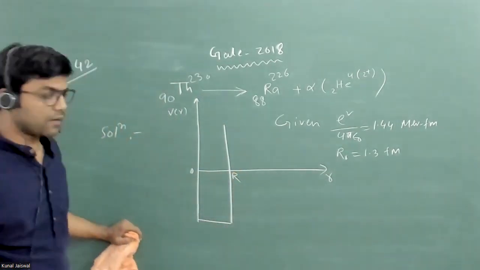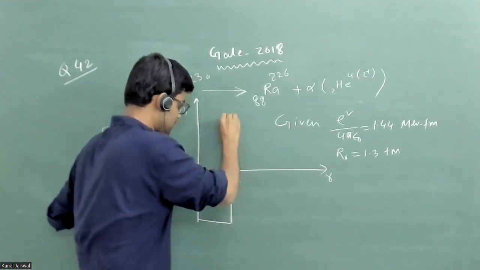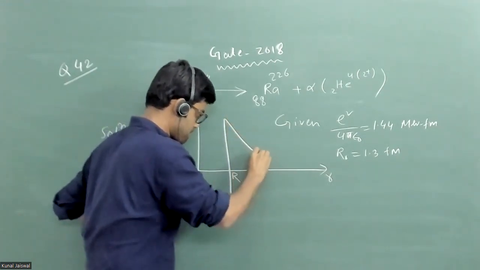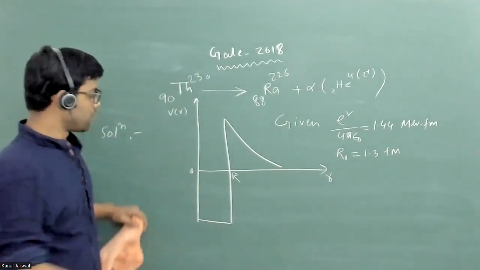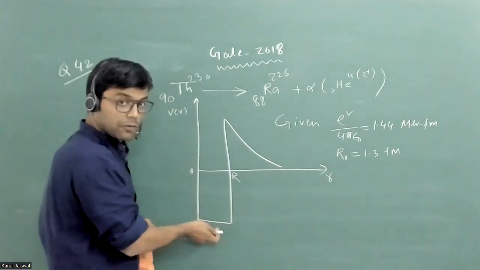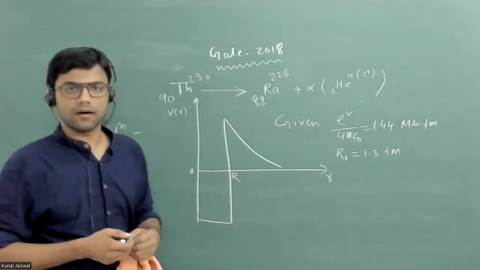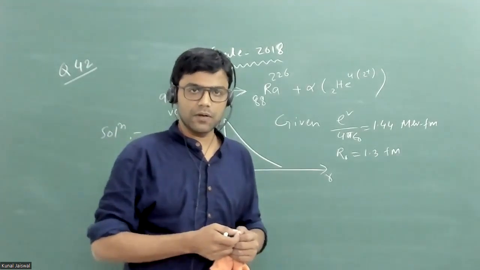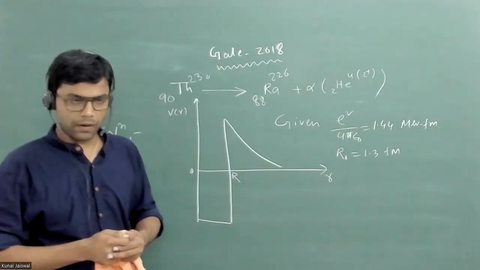So we'll discuss each and every term. Beyond R, beyond the separation, only Coulombic potential exists. So this is the kind of nuclear potential. This R basically denotes the separation between the center of the daughter nucleus and the center of the alpha particle.